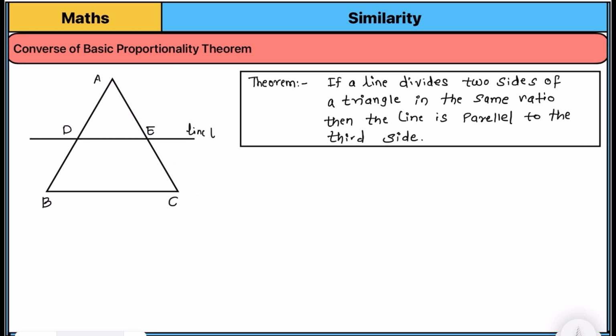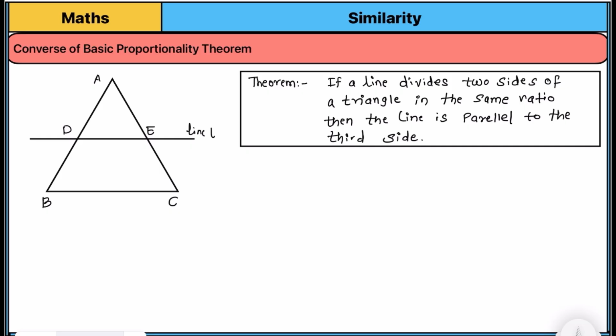What it says is, if a line divides two sides of a triangle in the same ratio, then the line is parallel to the third side. In triangle ABC, line L is such that it is dividing AB and AC in equal proportion. That means AD upon DB is equal to AE upon EC.